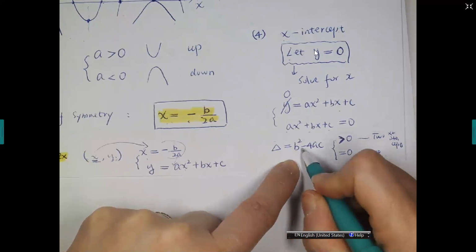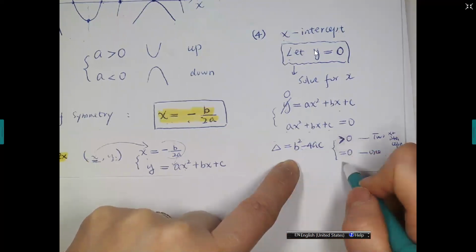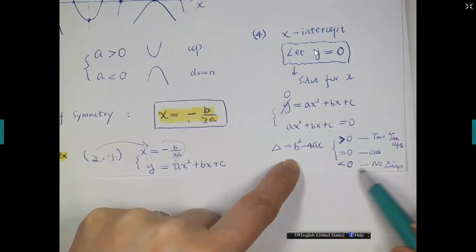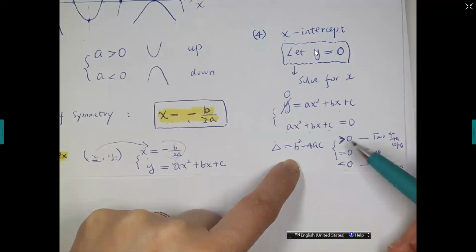If this delta, b squared minus 4ac, is less than 0, it's a negative number, then it means what? It means there is no x-intercept. It has no real solutions. So this is how we get the x-intercept.